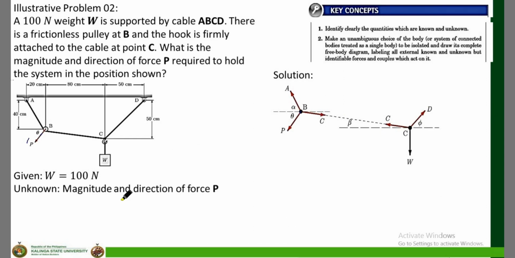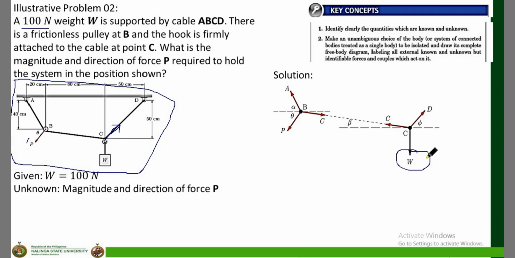Now, looking at this system, W is pulling down with 100 newtons. To maintain the equilibrium of W, CD should pull W. Once you pull, you are pointing away from the point, so if you pull, that is under tension. The same goes for BC, the rope BC. To keep W from moving, remember that weight is always pointing downwards.